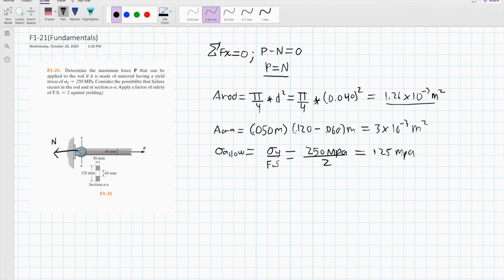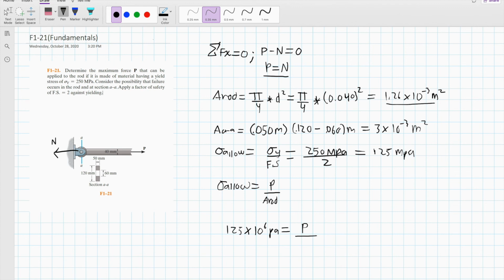Therefore, we take the cross-sectional area of the rod and calculate the max force to be applied. So the equation for this would be your stress allowed equals your P over the area of the rod. You already have your allowable stress, which is 125 megapascals. We convert it to pascals by multiplying times 10 to the 6. We equate this to P, your unknown force.